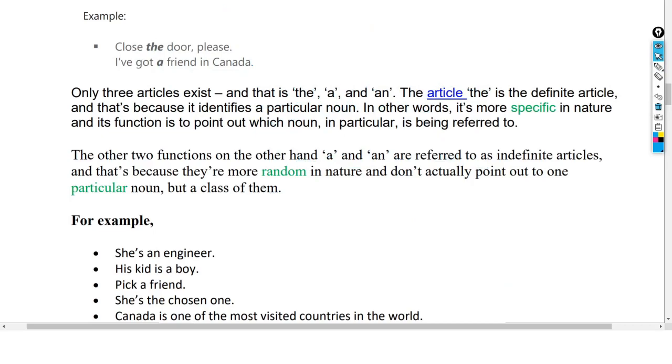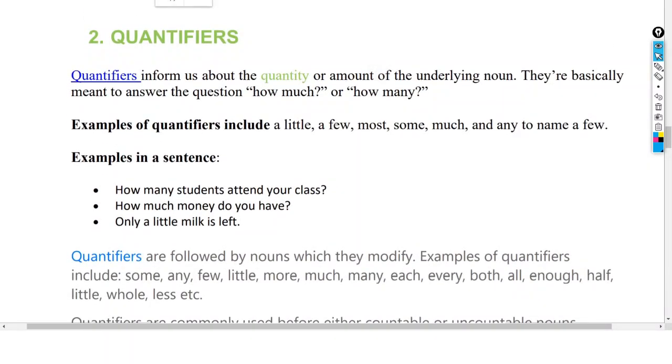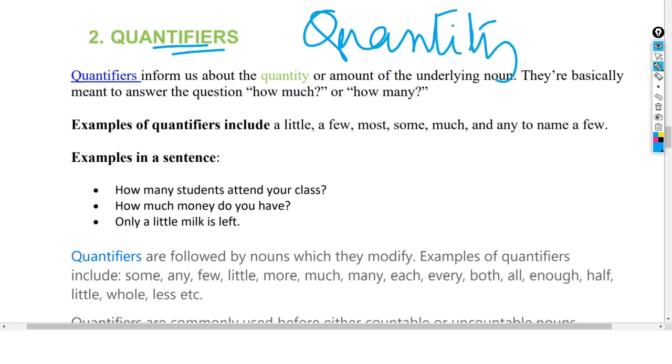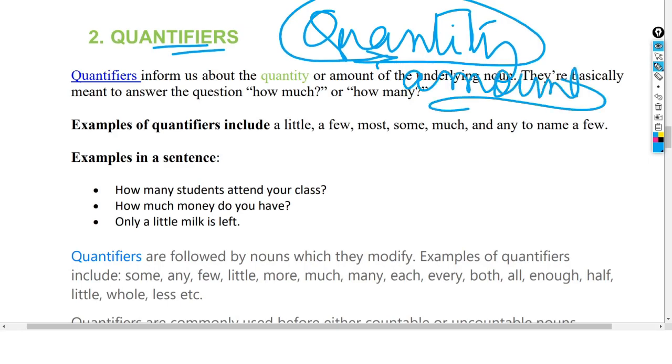These are very tricky, and in the exam, if you are not cautious, if you are not very alert, then there is a chance that you will commit a mistake. Now let us see the second category of determiners. The second category is the quantifiers. Quantifiers come from quantity. Quantity means the amount.